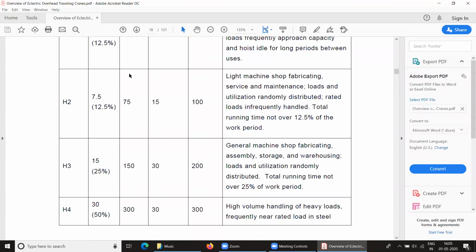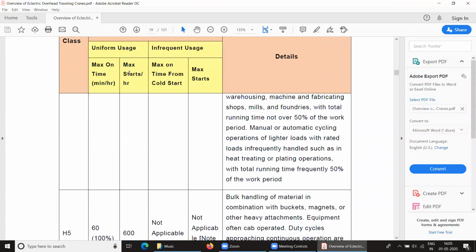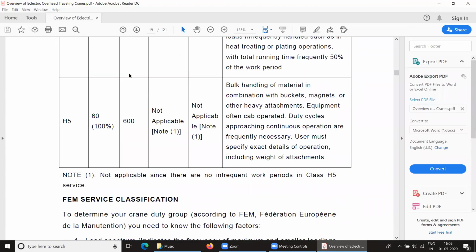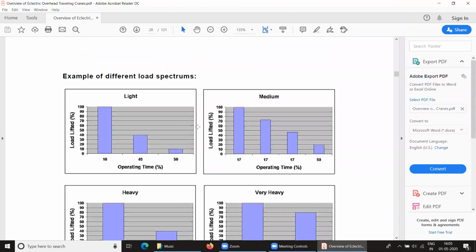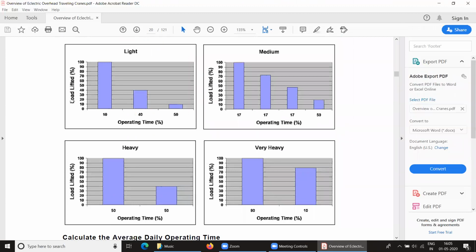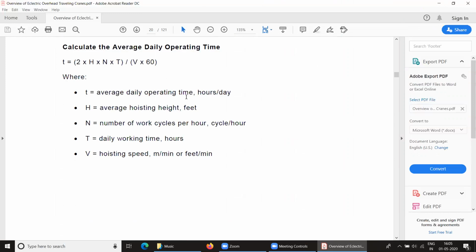This is another chart, given in detail, with bulk, grab and in combination with buckets. This is H5 not applicable, and duty cycles, FEM service classification. Different load spectrum of average duty operating time.